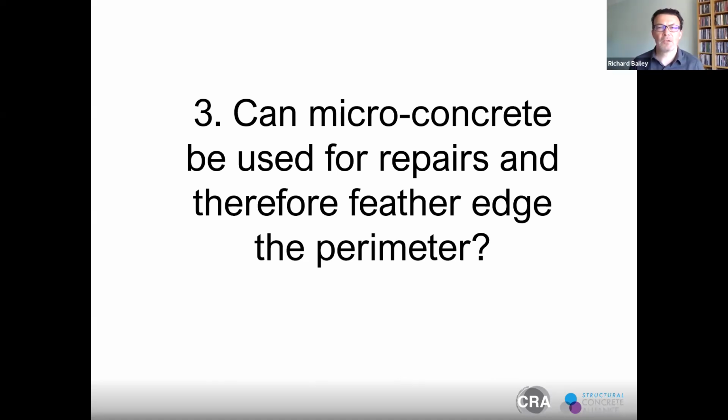Yeah, absolutely. As a contractor, we are reliant on the support and advice from our technical experts from the material supplier fraternity and also the designers, specifiers. But yeah, a well prepared edge is traditionally achieved through saw cutting.